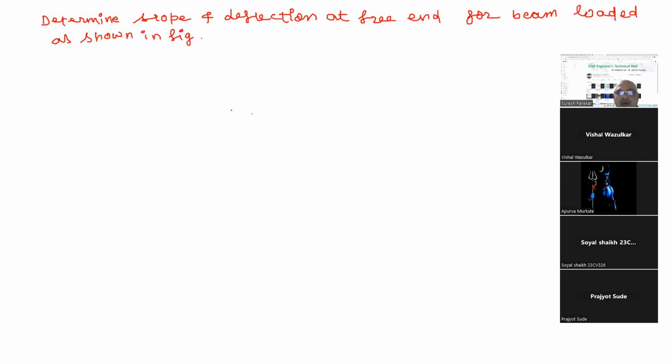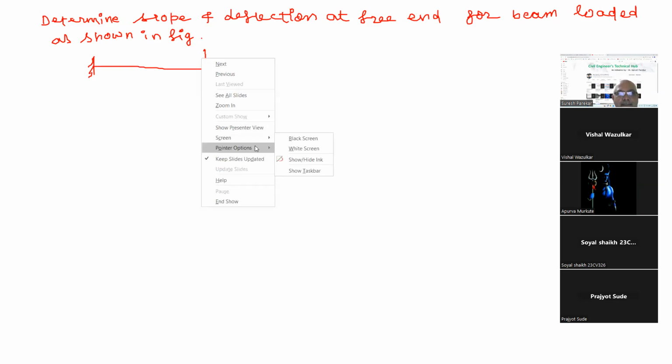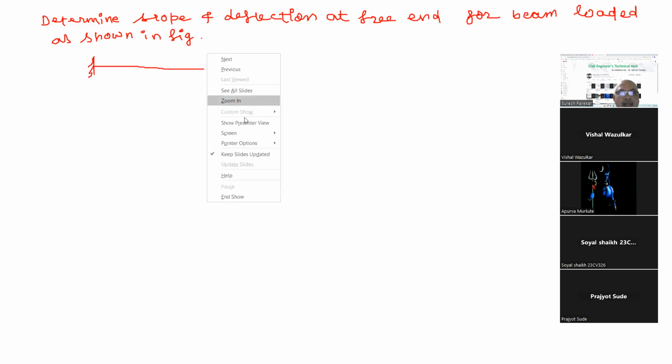So now we will go with the beam, and here we have moment M. And for this we have to find slope and deflection at free end. So here we have M, and this is L, AB.